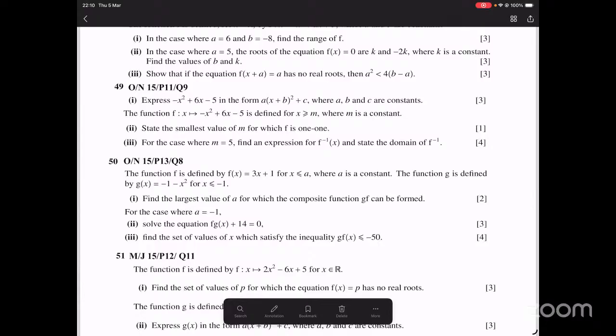How many of you have attempted at least 20 questions from the functions worksheet? Okay. What about the rest of you?